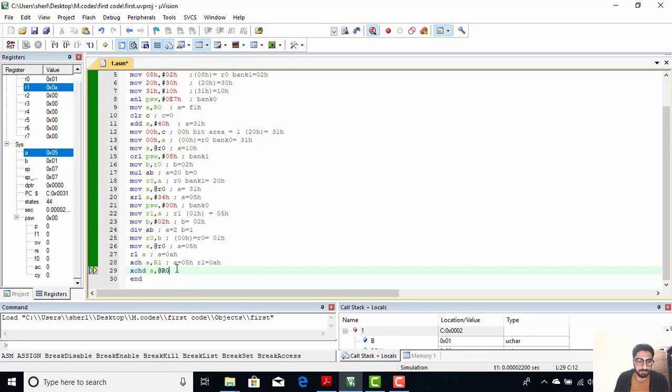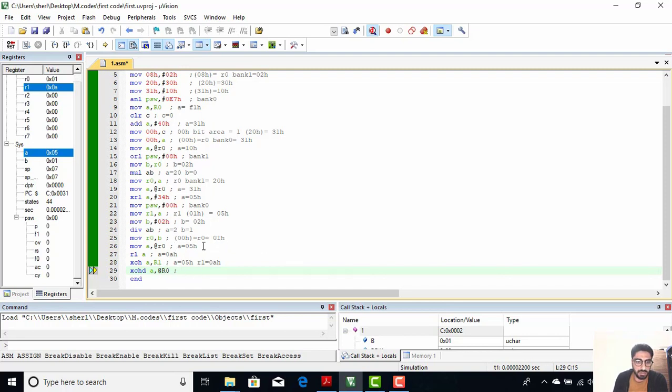So after exchanging those two values, R1 equals 0A hex and A is 05 hex. Now we are going to use the instruction exchange digit, which means we are changing just the low part of the register. First of all we'll go to the value of R0, consider it as an address. R0 here is 01.